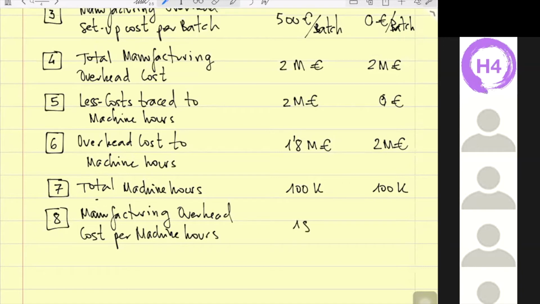This is 18 euro because it's 1.8 million euro divided by 100,000, and this is 20 euro. So you see here there is a delta because we do not have the information on number 6, the overhead cost for machine hours. In the traditional accounting, we have already a delta, and this is going to be relevant.